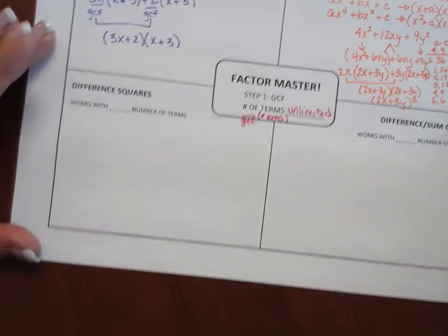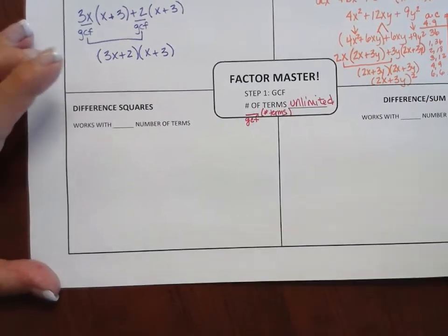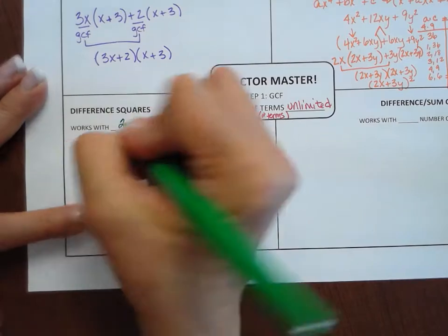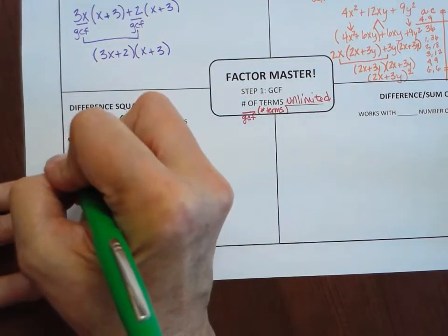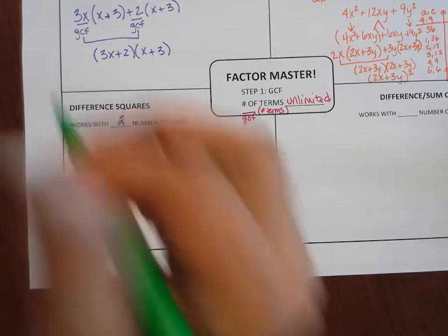Okay. Difference of squares. What do you know about difference of squares? How many terms? 2. Absolutely. And what do you know? There's 2 rules to remember. What's one of them? Yep.